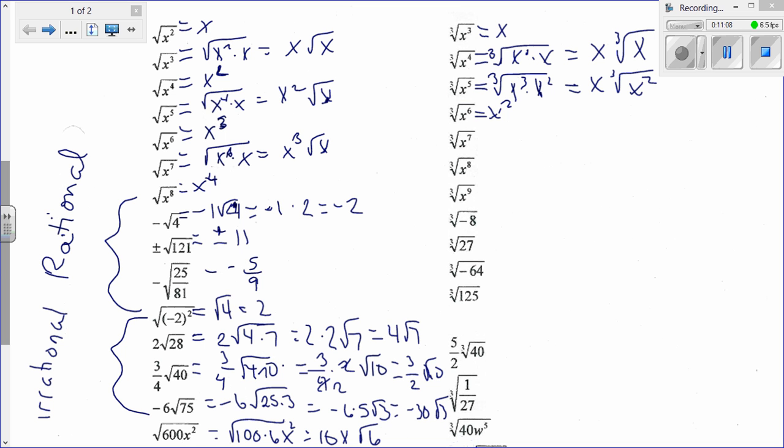The cube root of x to the seventh is broken down to the cube root of x to the sixth times x, and the cube root of x to the sixth was x squared, and then it is cube root x.